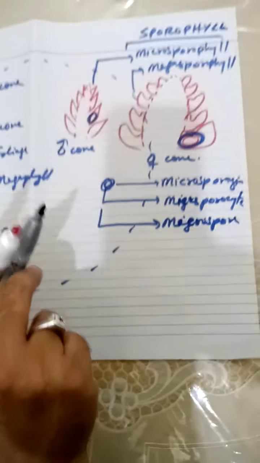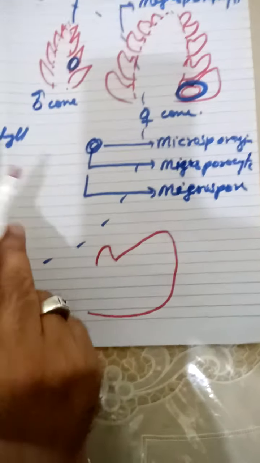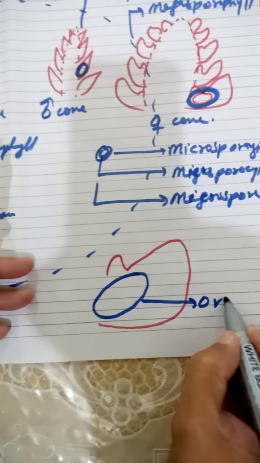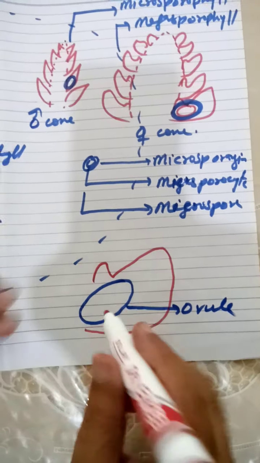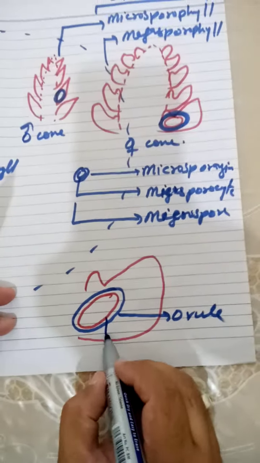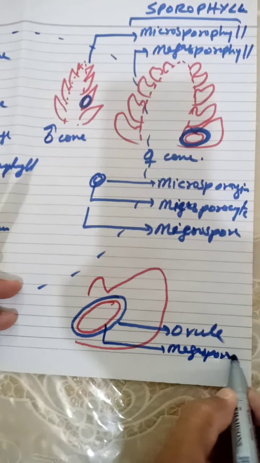Here, that is an ovule. Ovule contains megasporangium. The megasporangium contains megasporocyte. By means of meiosis, it produces megaspore.